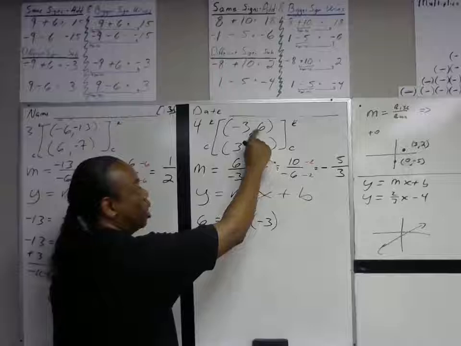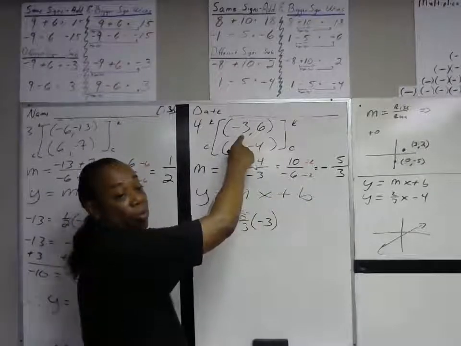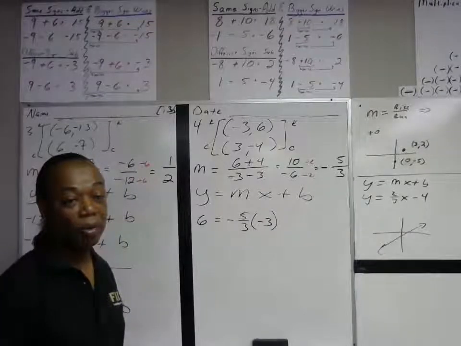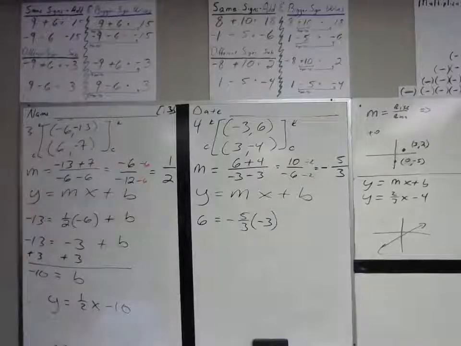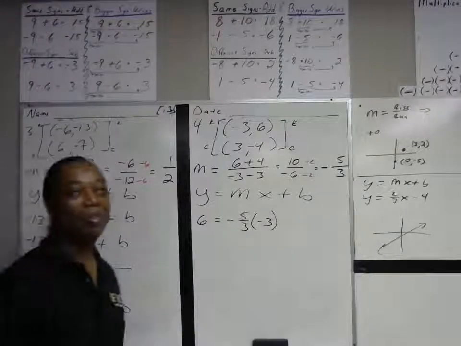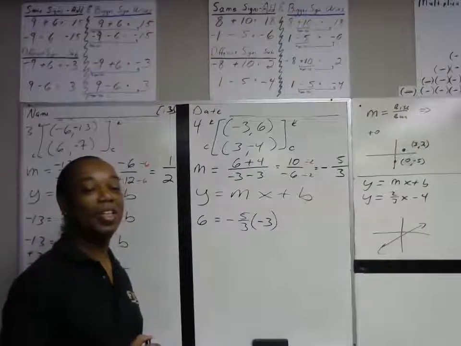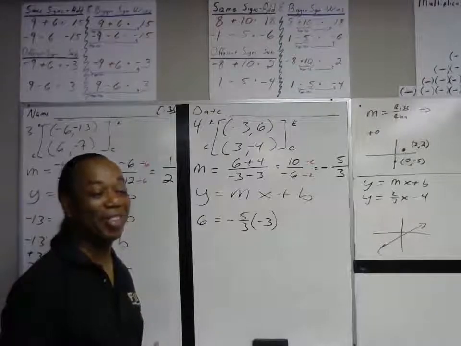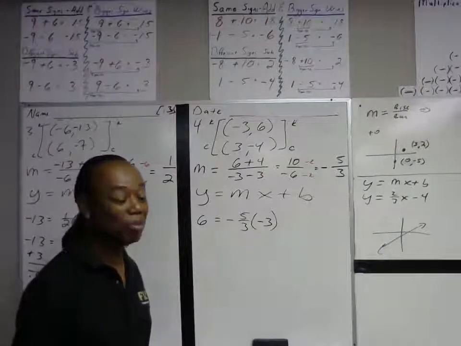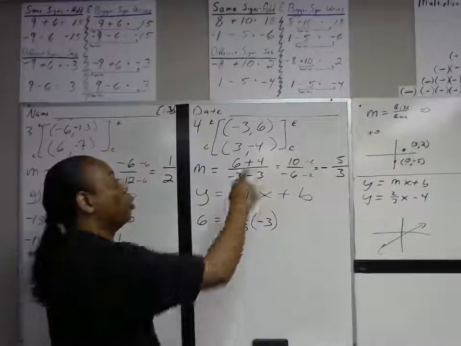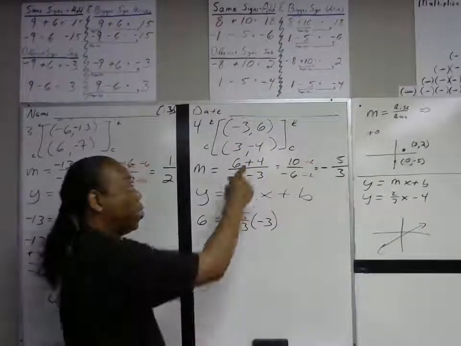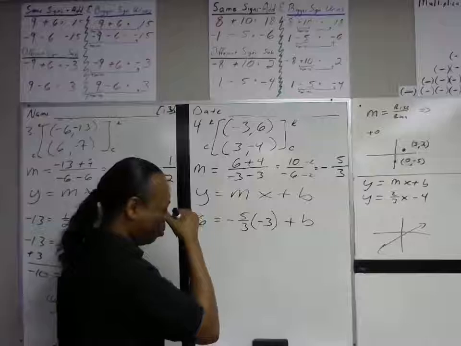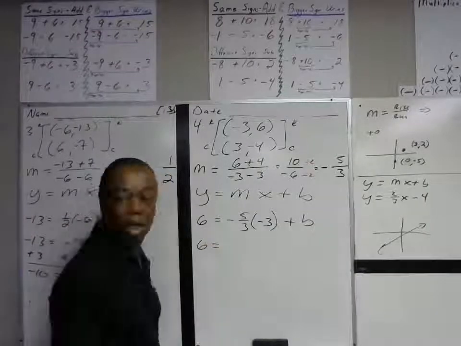Well, if you're going to use the 6, you have to use the -3. If we use the top one, we stick with all tops. Or if you use the bottom, you have to stick with all bottoms. Okay, plus B. So 6 equals, who's next?